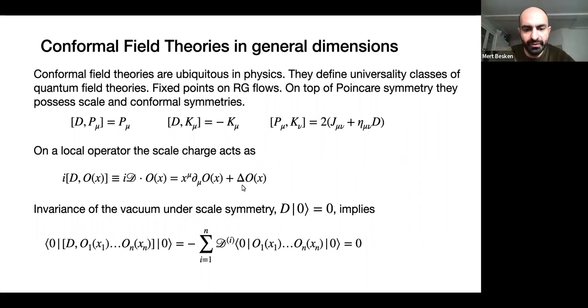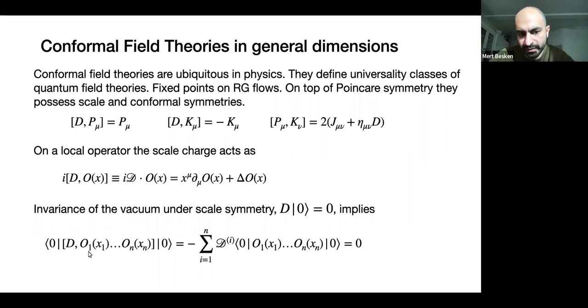So in conformal field theories, the vacuum is invariant under scale symmetry. That means when you act with the scale charge on the vacuum, you'll get 0. And what that means is you can write down your favorite correlator, an n-point correlator of scalar operators, the vacuum expectation value.